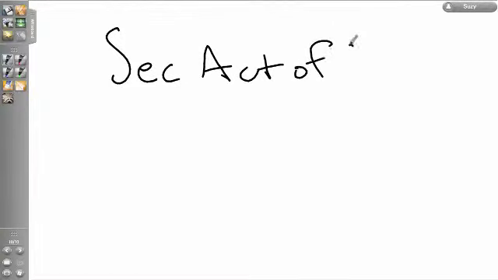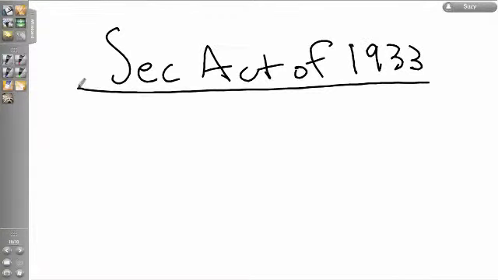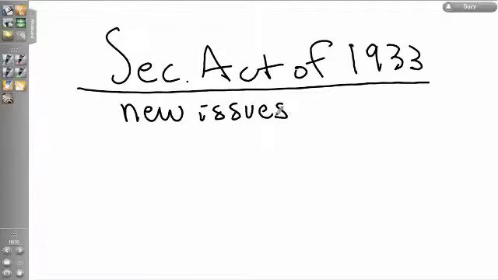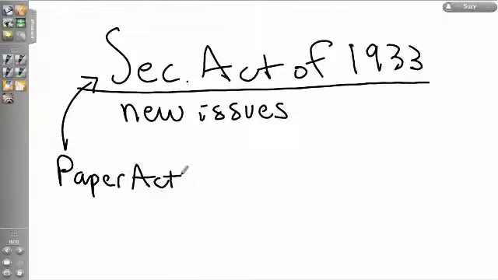The Securities Act of 1933, we've talked about this before. This is the very first securities law that we ever learn about, and it regulates new issues. It has to do with filing paperwork. So sometimes I call it the Paper Act, just to help me remember all of the things that are required under the Securities Act of 1933.